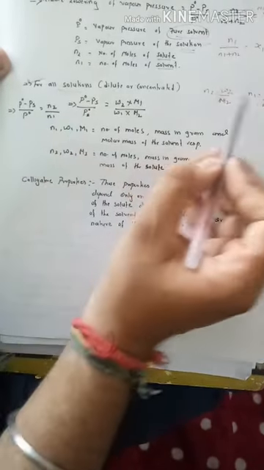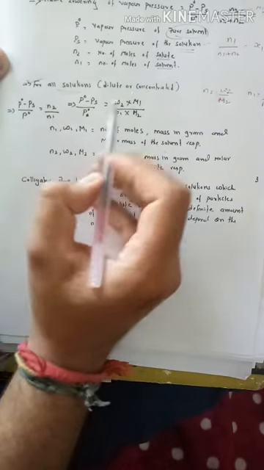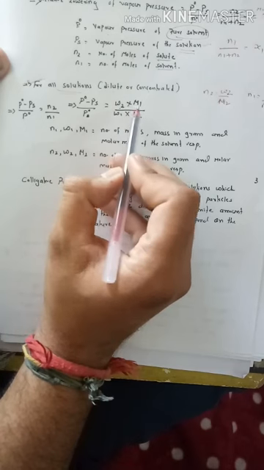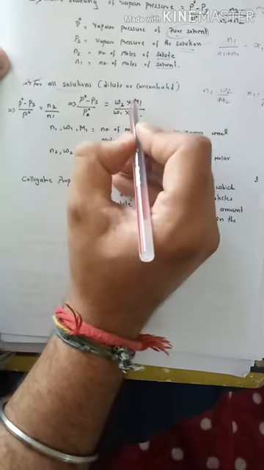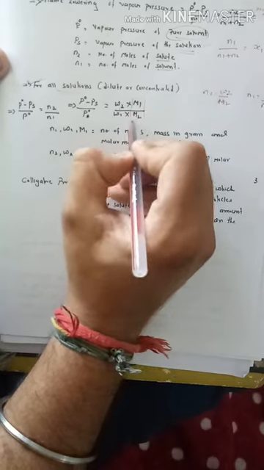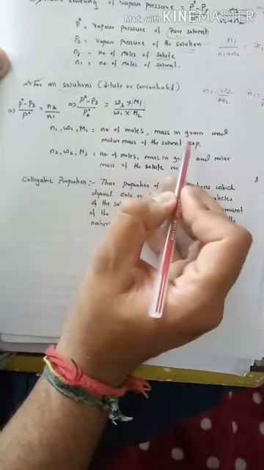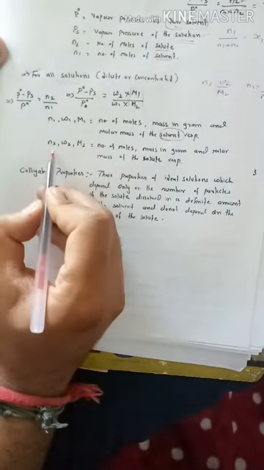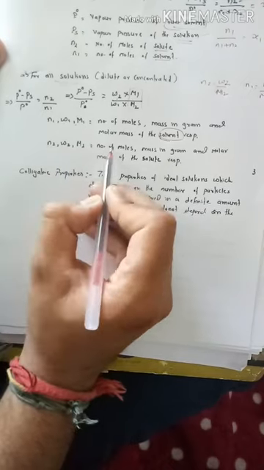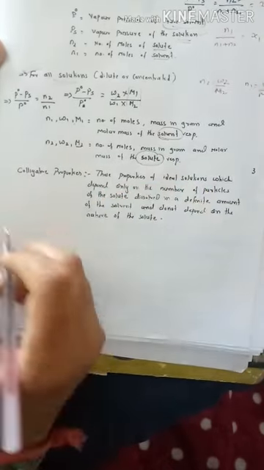Placing these values, we get the equation W2 into M1 upon W1 into M2. Now what is the difference between M1 and M2? N1 is the number of moles, W1 is the mass in grams, M1 is the molar mass of the solvent, whereas N2 and W2 are the number of moles and mass in grams of the solute, and M2 is the molar mass of the solute.